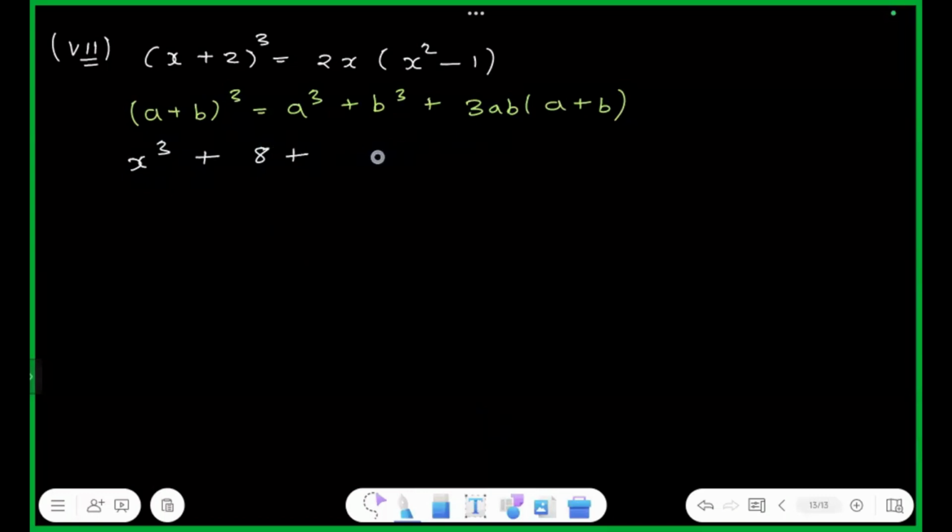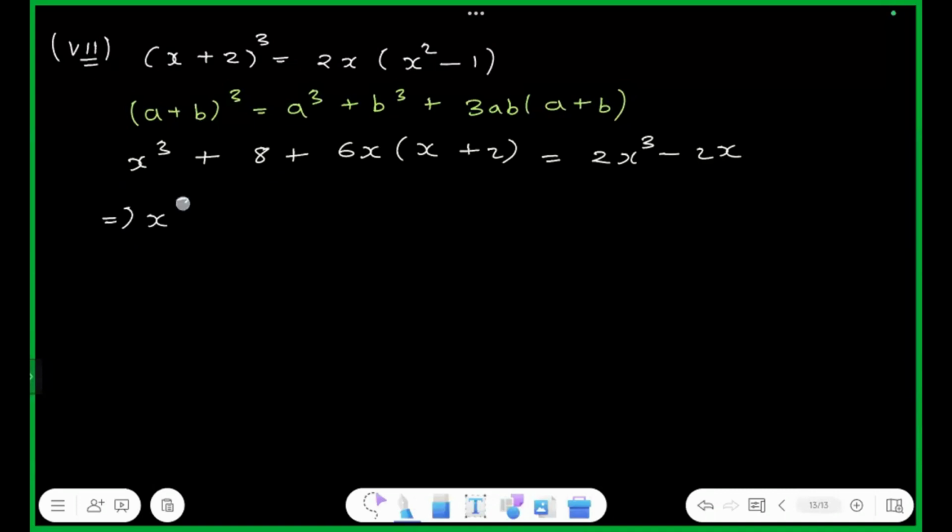So see, x cube plus 2 cube means 8, plus 3ab, that is 3 into 2 is 6, 6x, and x plus 2, is equal to 2x cube minus 2x. Okay, 2x gets multiplied with x square, so 2x cube, and minus 1 when multiplied with 2x, so minus 2x.